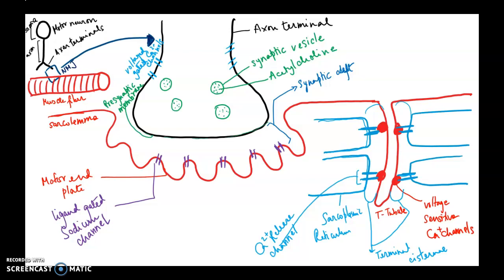Two other things I want my students to know. First, we will talk about two ions here, calcium and sodium. Calcium concentration is really high in the extracellular fluid, meaning outside the cell we have a high concentration of calcium as compared to inside.